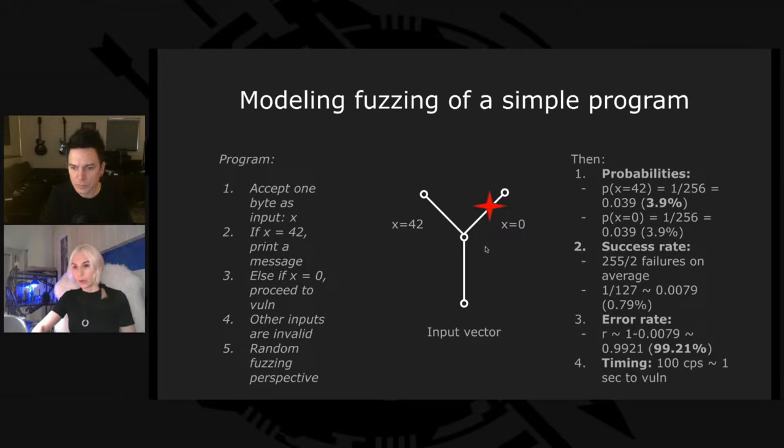And we're talking about 1 byte here. Another thing that I'm interested to see here is the error rate. The error rate is the opposite of the success rate, which in this case will be slightly more than 99%. So this is kind of the minimal percentage of failures of any fuzzer.